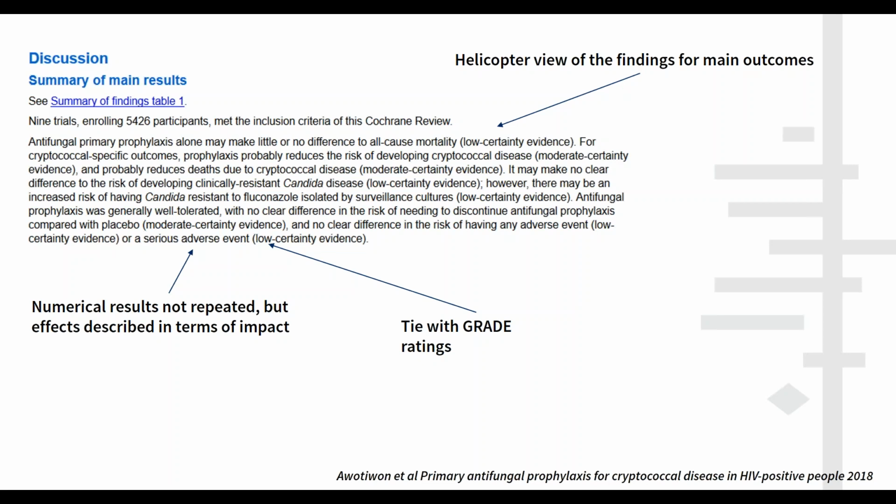They haven't repeated the results, but have put more emphasis on the impact of the effects, so the size of the effect and the confidence that we can have in it, because the GRADE ratings have been tied together. So it's a nicer approach, I think, than just a straight repetition of results.